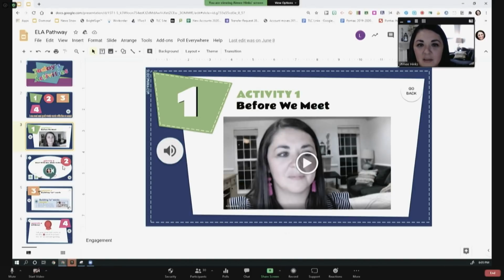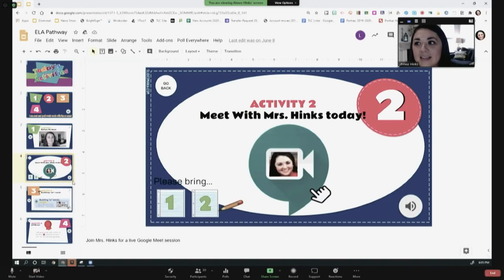Now this is where we would pick up in step 2 of the learning path. We're going to assume that you all have watched the video in step 1, and we're going to move on to step 2, which is when we are going to be joining together as a group in a live Google Meet session for some synchronous learning time together and to do some guided practice together.